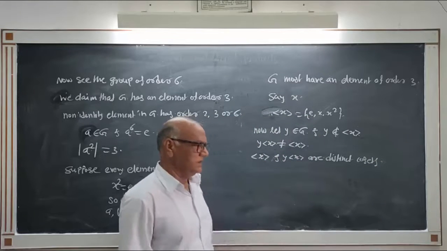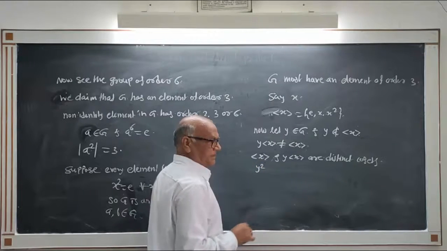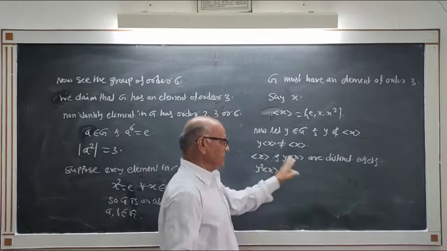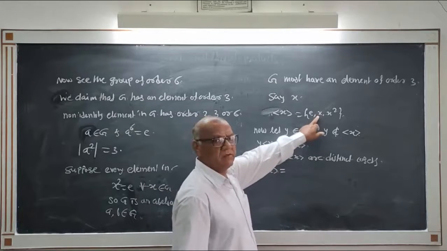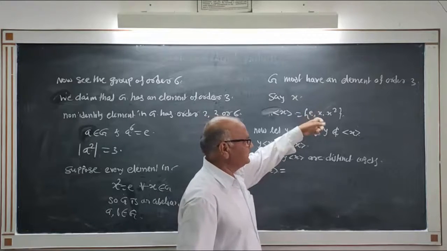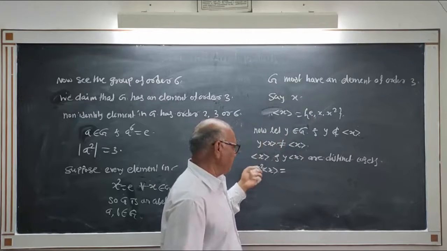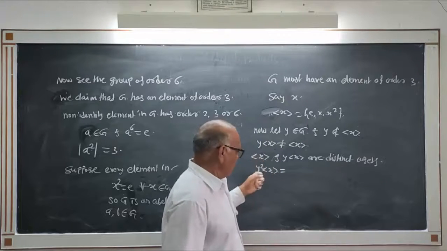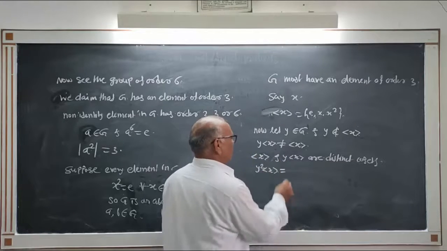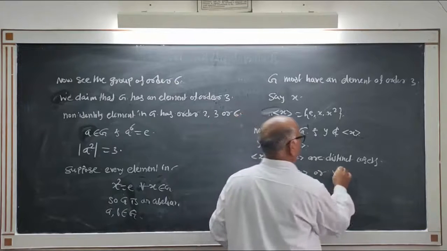Since the order of the subgroup is 3 and the order of the group is 6, the index is 2. There are only two distinct left cosets. Y squared is also in a coset, so it is either equal to this or this.